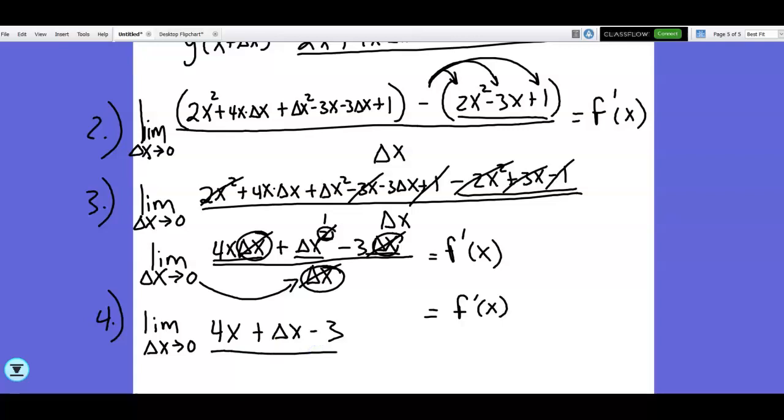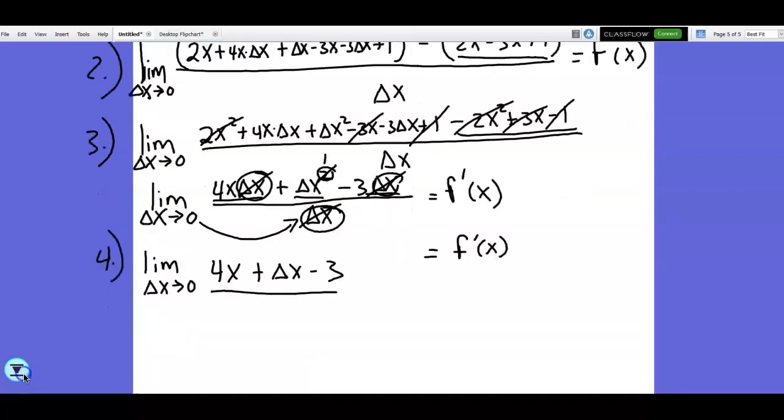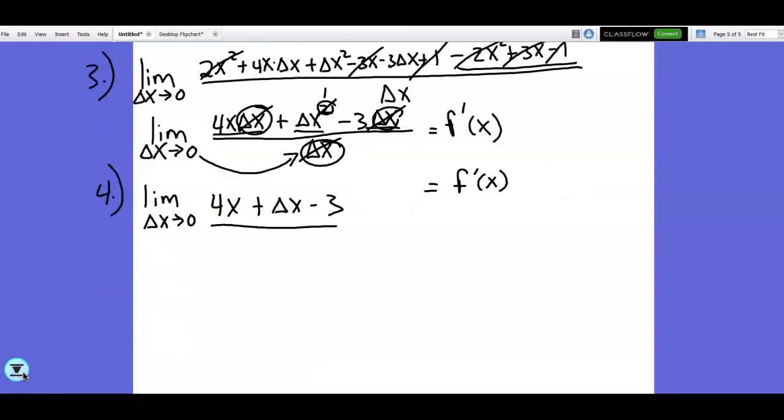All right, now here's where something a little different happens than the last ones that we were working on. Okay, here we actually have a place to plug our delta x in for, right? I could plug 0 in here. So if I plug in 0, basically you can just ignore that 0, right?